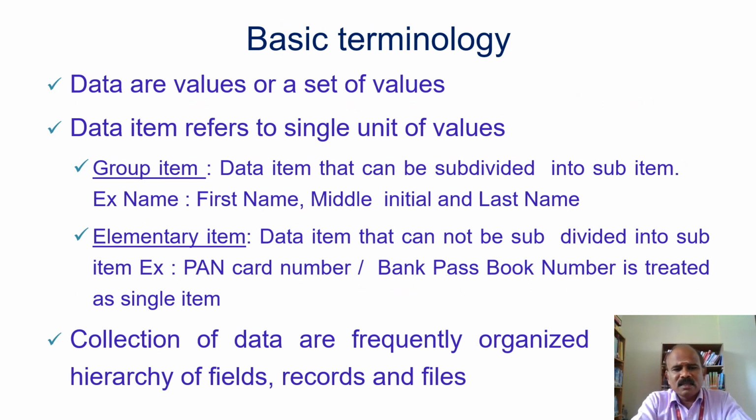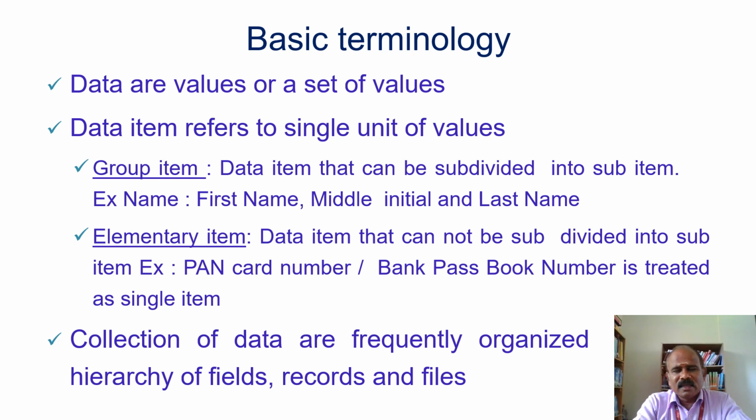The basic terminologies, before we get into that: how we can define data, a value or set of values. Data item refers to a single unit of value. So there are groups of data. A data item can be subdivided into sub items. Take your name. Your name has 3 different parts: first name, middle name, last name.